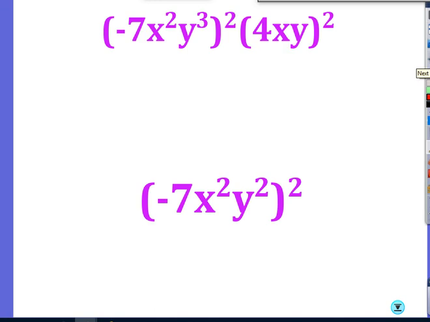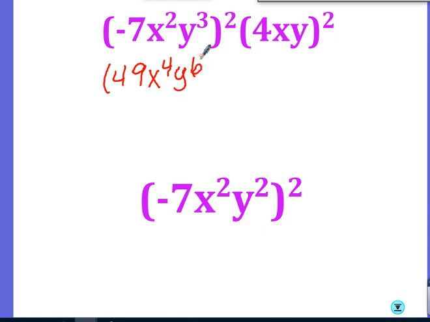This next example is two sets of power to power. We will evaluate each set of power to power, and then we will take the answer and multiply the monomial times the monomial to give us our final answer. From power to power, you will get 49 x to the 4th, y to the 6th, times 16 x squared, y squared.